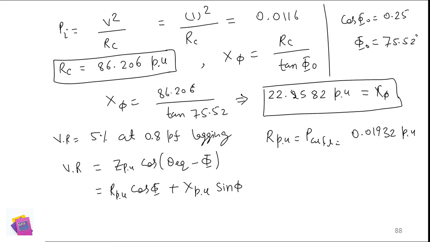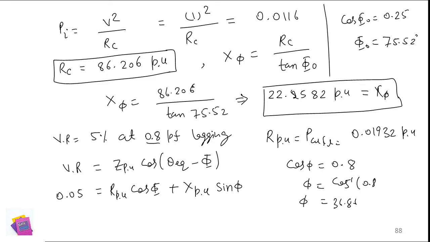Phi you can calculate because cos phi is given to you. So phi equal to cos inverse, this is 36.86 degree.